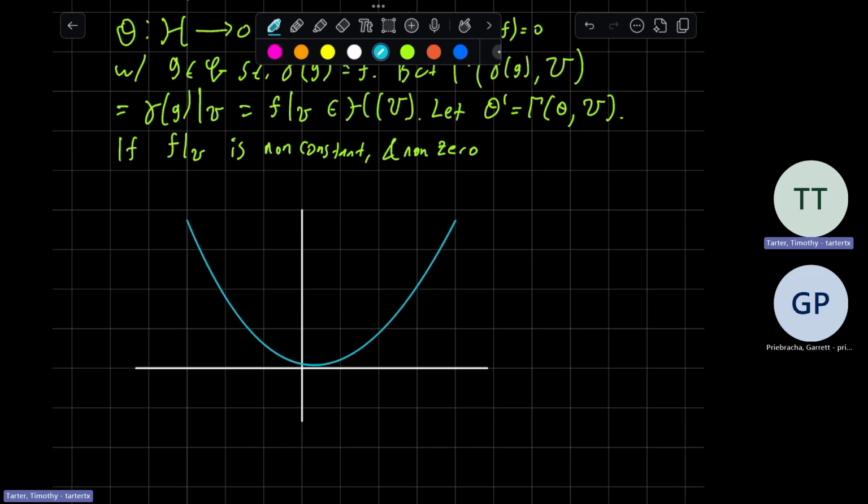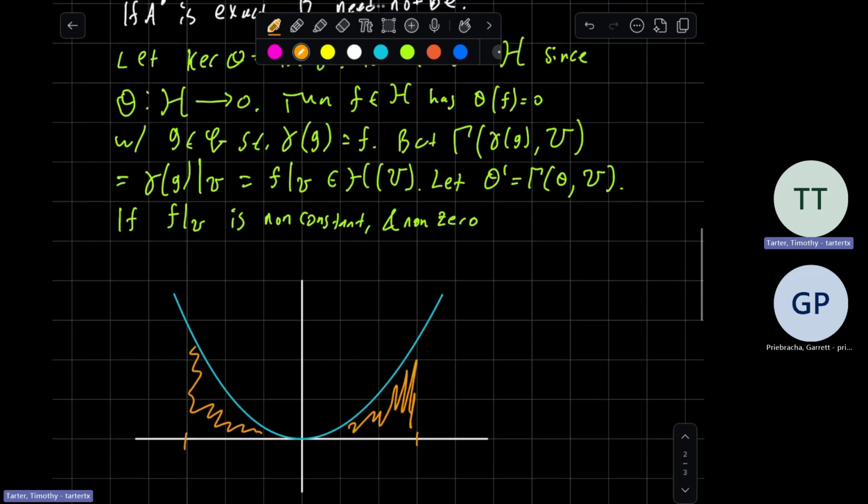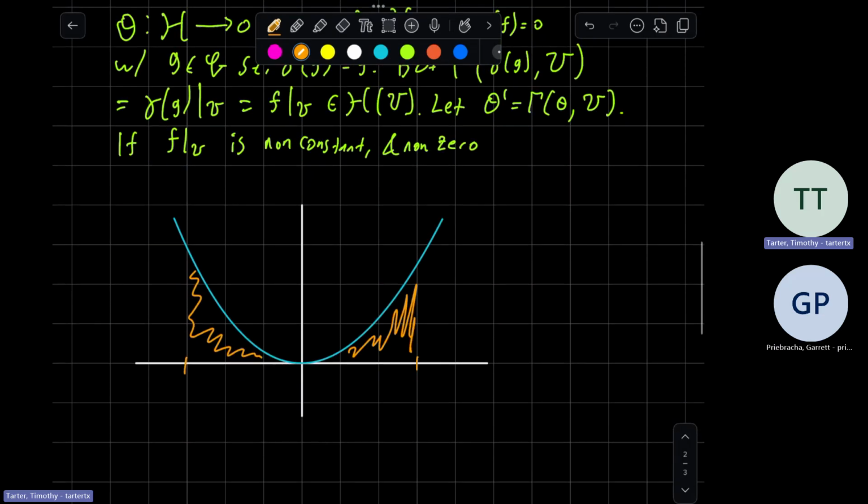So we have our parabola, and if we shade in area in symmetric amounts, this integrates to 0, which we can think of as evaluating to 0 over U. But if U is a non-symmetric interval, like -2 to 1, it's going to integrate to something non-zero.